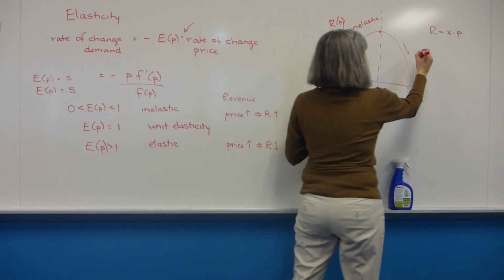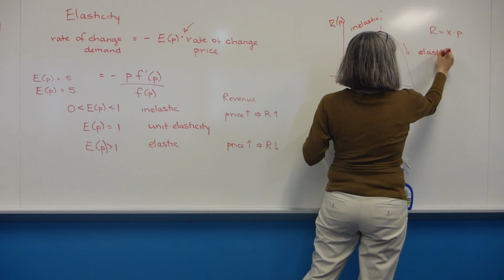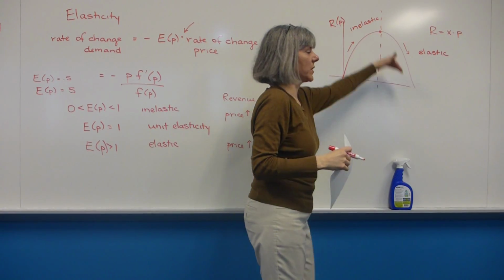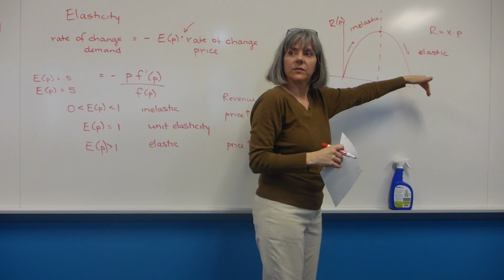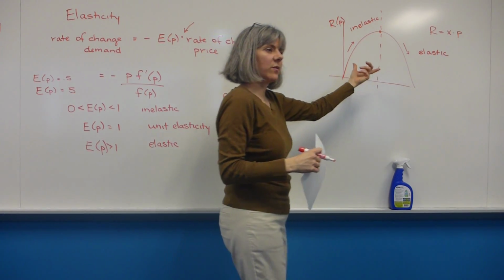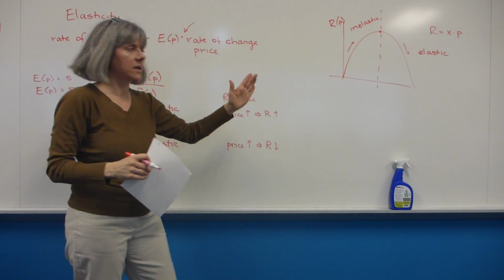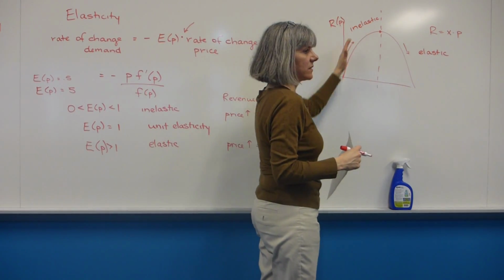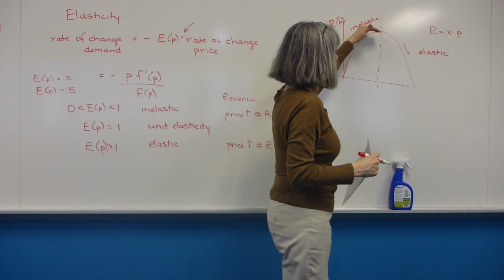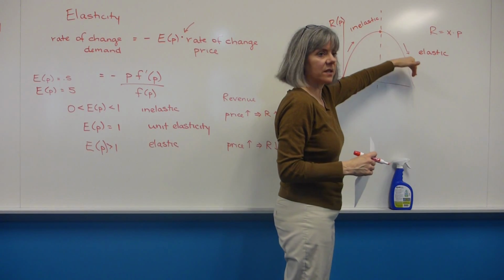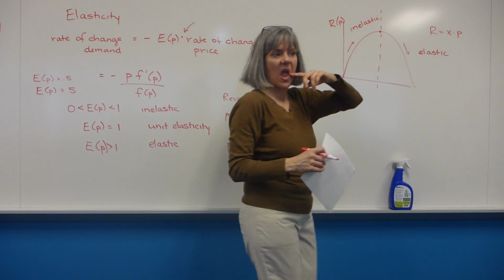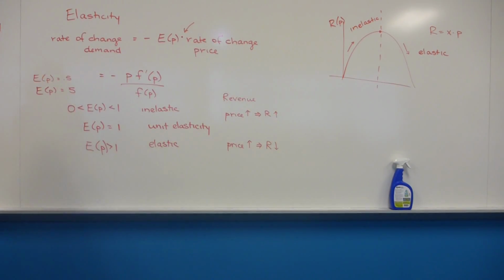On the other side is where it's elastic. When the price goes up, the revenue goes down. So this is one way to remember how revenue connects to elasticity. Inelastic means that they're going in the same direction, the price and the revenue. Elastic is they're going in opposite directions.